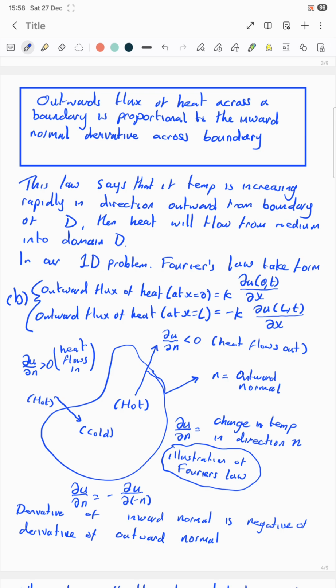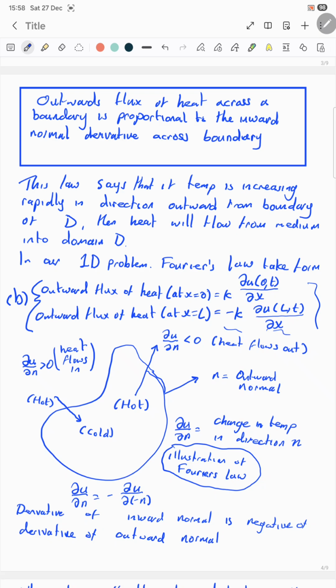In our 1D problem, Fourier's law takes the form here, where the outward flux of heat at x equals 0 equals k times the partial derivative of u with respect to x at 0, t, and likewise for the right end it is minus k times the derivative at the boundary L, t.